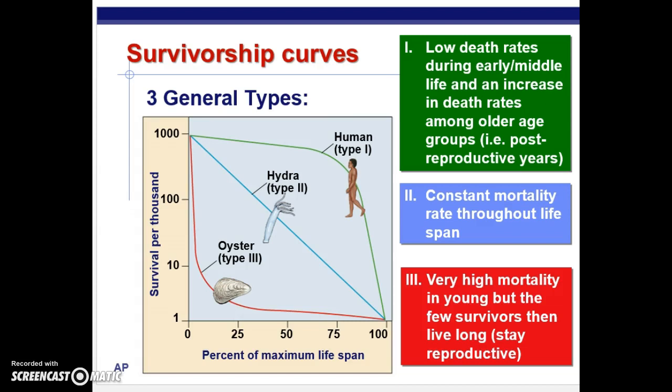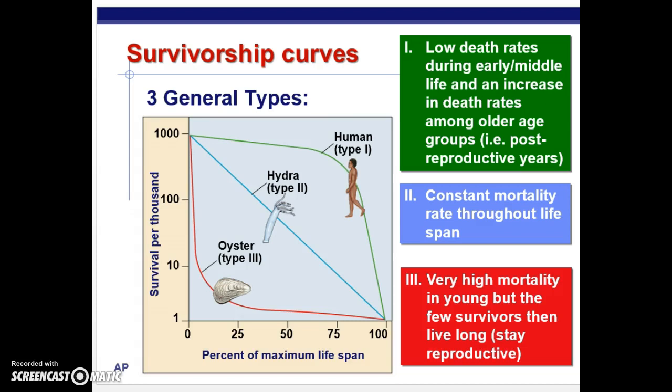Humans are an example of a type 1 curve, with a low death rate early in life and then a higher death rate as the individuals age. Many large mammals that produce few offspring have type 1 survivorship curves.